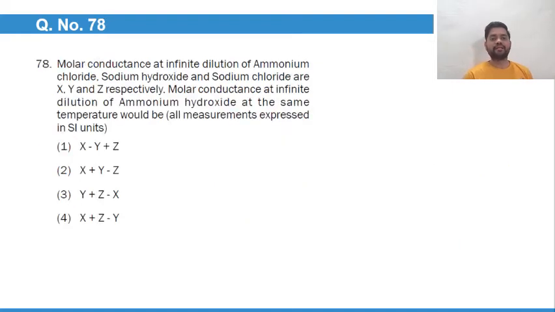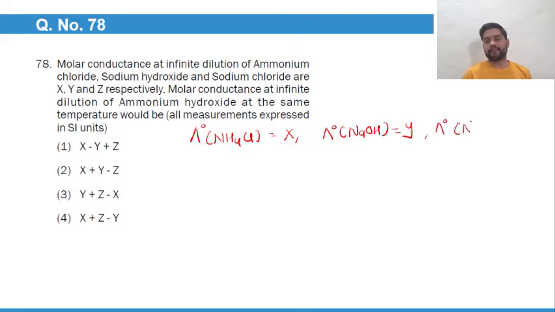78. Molar conductance at infinite dilution of ammonium chloride, NH4Cl, is equal to X, of sodium hydroxide will be equal to Y, and sodium chloride, that is NaCl, is equal to Z. Molar conductance at infinite dilution of ammonium hydroxide is what I have asked.